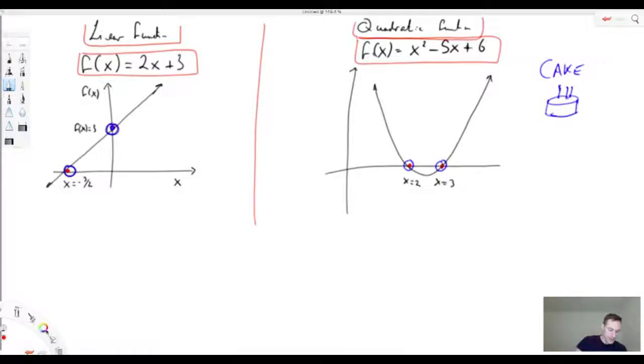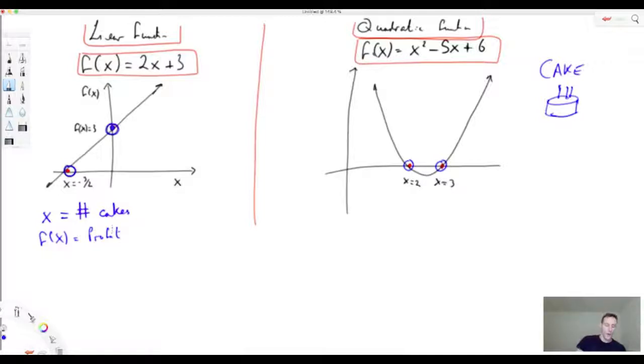Let's imagine that x is equal to the number of cakes. We'll imagine that you can sell half of a cake and a quarter of a cake as well, so you can chop the cakes up. And then f of x is going to be profit, the amount of money that the cake shop makes.